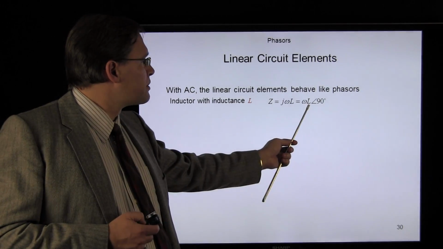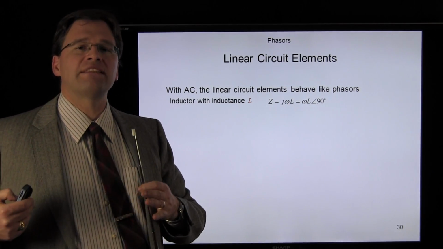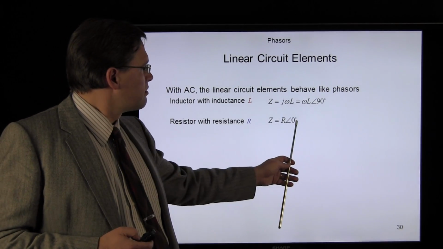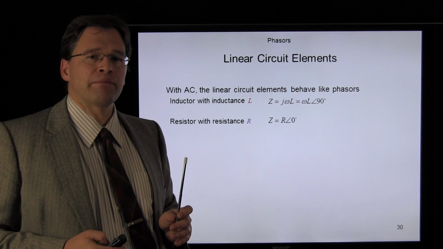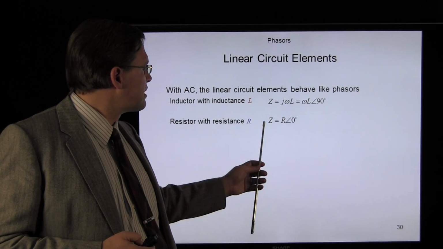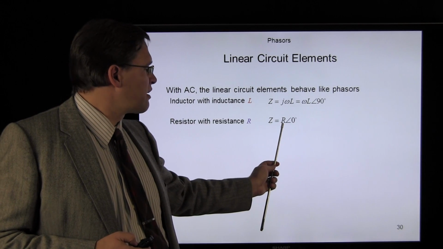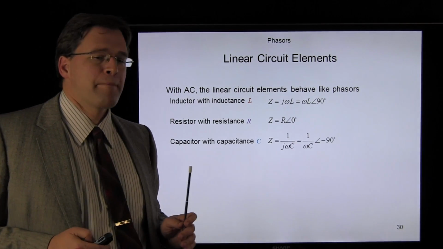The higher the frequency, the more it impedes the alternating current. Resistance is not affected by the frequency. So the impedance of a resistor is just the resistance, phase 0.